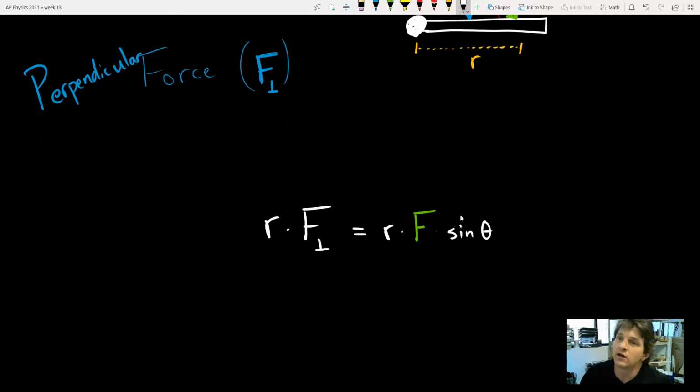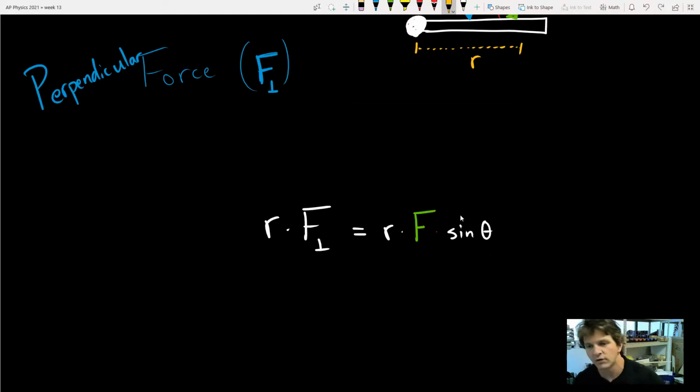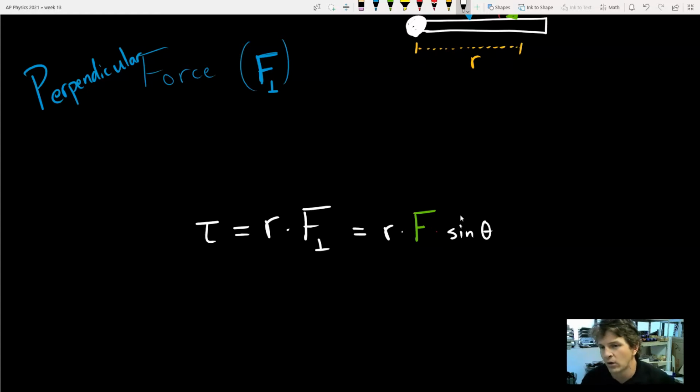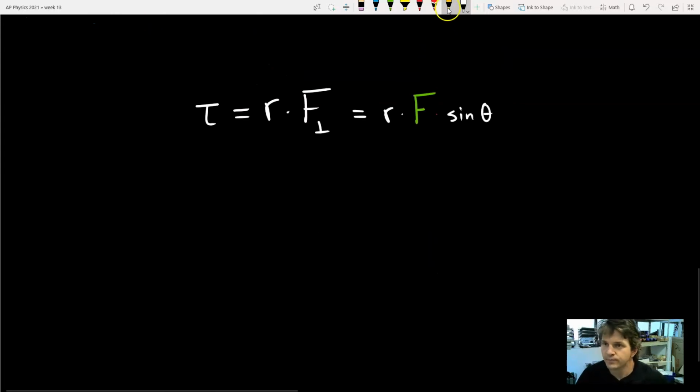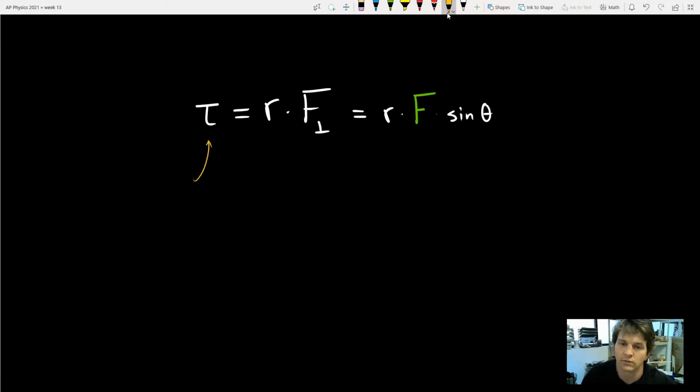Okay, so this right here is our equation for torque. Now what do we actually set that equal to? What is the variable for torque? Well, the variable for torque is the Greek letter tau, basically a weird little stunted T. So we go dip, did it. That is tau. So if I'm breaking this down, that right there is torque.